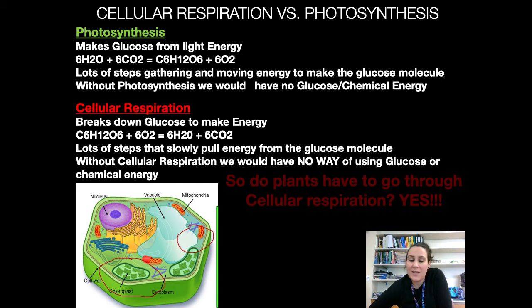There are lots of steps through this process of cellular respiration that slowly, like in photosynthesis, it was slowly putting together the glucose molecule. Well, with cellular respiration, it's slowly and methodically, in a way that conserves as much energy as possible, dismantling the glucose molecule. So lots of steps that slowly pull energy from the glucose molecule. Without cellular respiration, we'd have no way of using glucose or chemical energy.